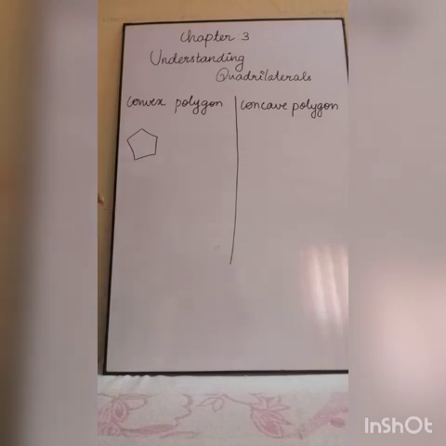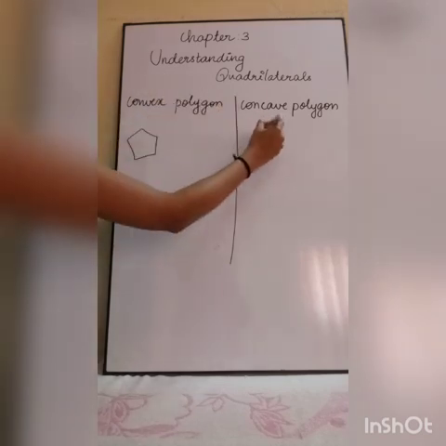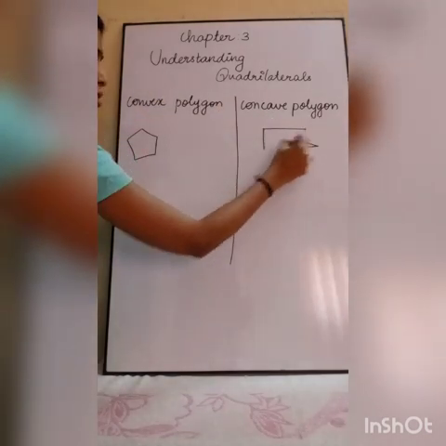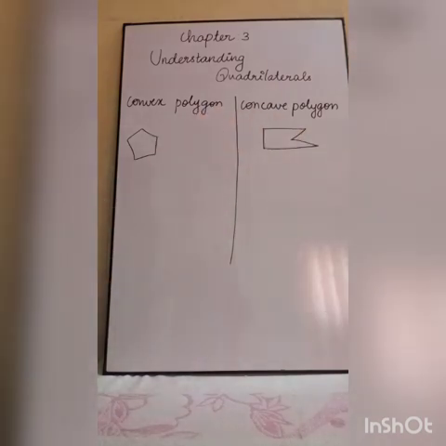So this is one of your polygons, right? This is another polygon. But why I have drawn this in this column and that in that column, first I'll give you a definition so that it will be easy for you to understand.